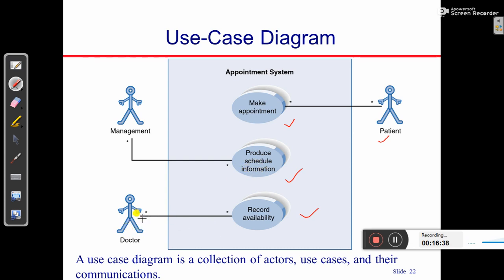Doctor may interact with the record availability use case. A use case diagram is a collection of actors, use cases and their communications.